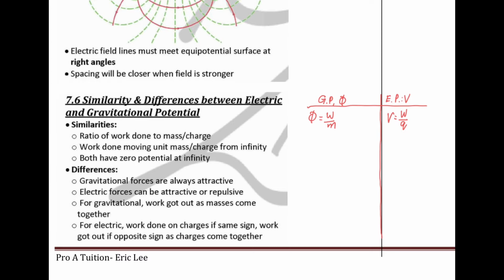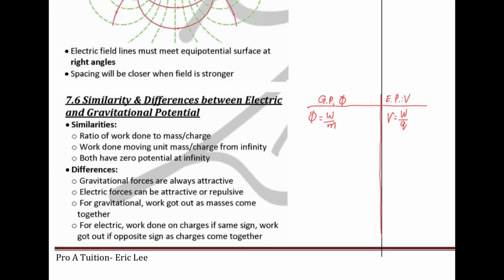The second point, as you can see here, work done moving unit mass or unit charge from infinity. So this is actually the definition of gravitational potential.